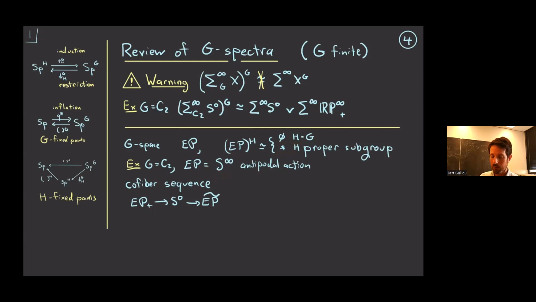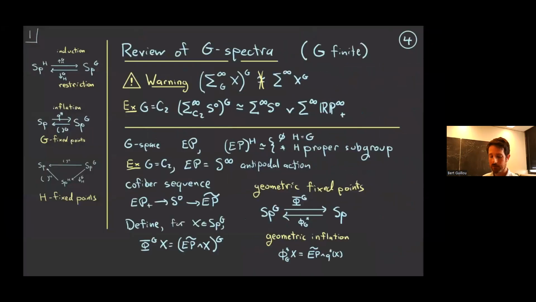All right, and so with this space, we can crush it to a point, and then we define this new space E tilde P, which is the cofiber. In fact, on the problem set, I ask you to think about a particular model for this, but right now we're just giving the general construction, and it turns out we can use this E tilde P to define a different version of fixed points. These are what are known as the geometric fixed points.